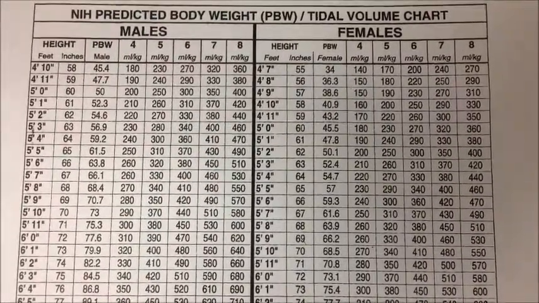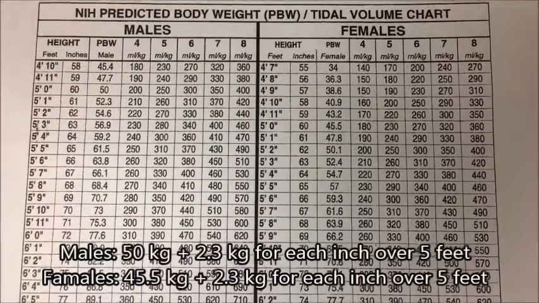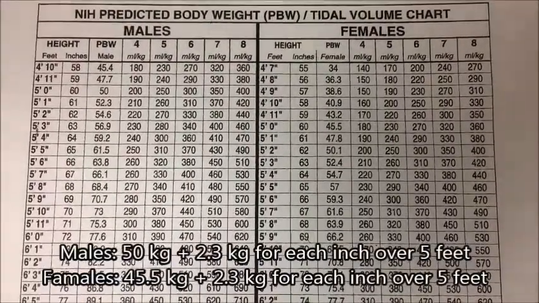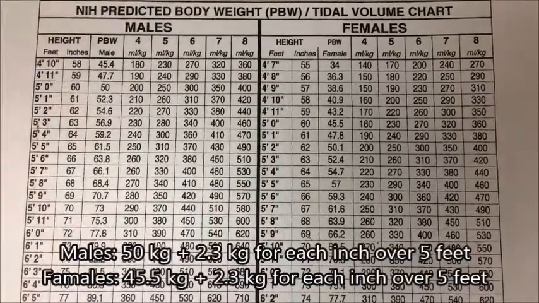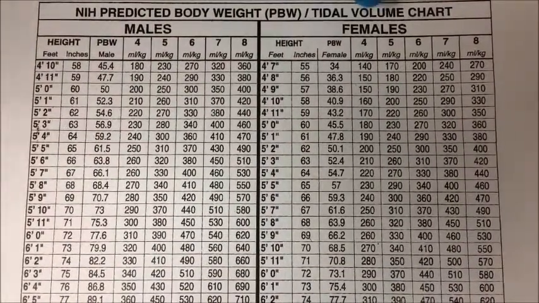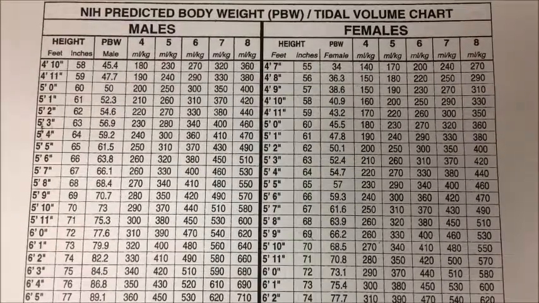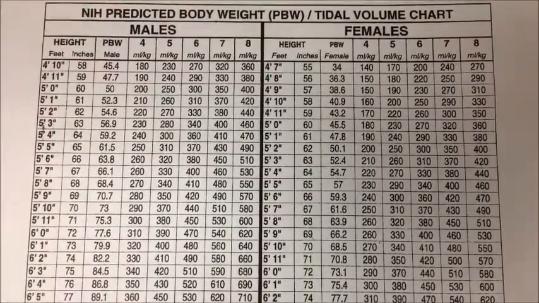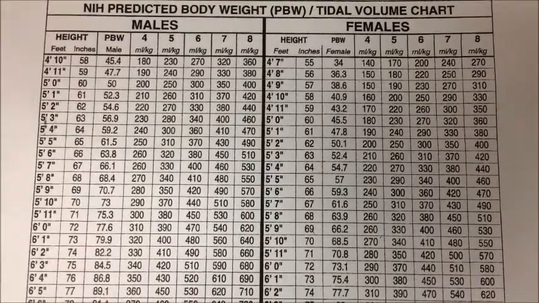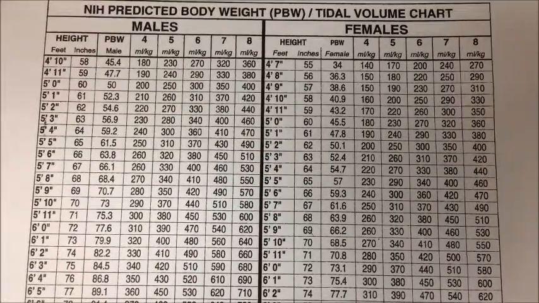Now, there are formulas that are available, or you can use a chart, and as you see here, there are different predicted body weights based on height for males and for females. So when we determine what the tidal volume is going to be, for a person of a given height, it's going to be the same whether or not they are obese.